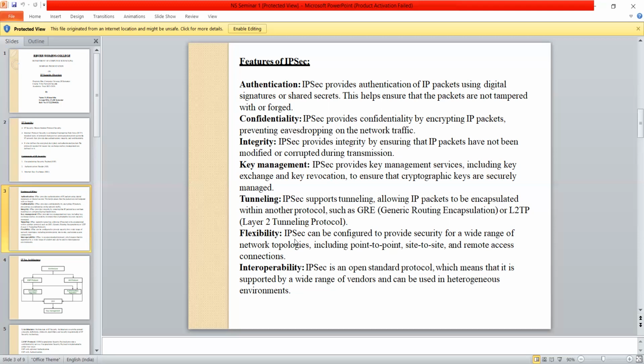Flexibility: IP security can be configured to provide security for a wide range of network topologies, including point-to-point, site-to-site, and remote access connections. Interoperability: IP security is an open standard protocol, which means that it is supported by a wide range of vendors and can be used in heterogeneous environments.